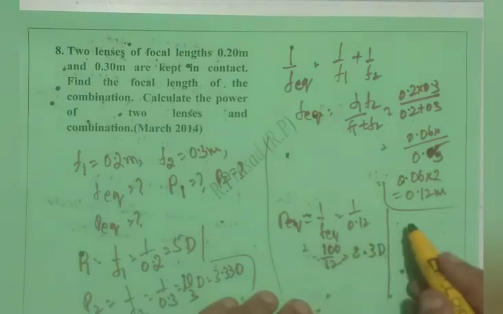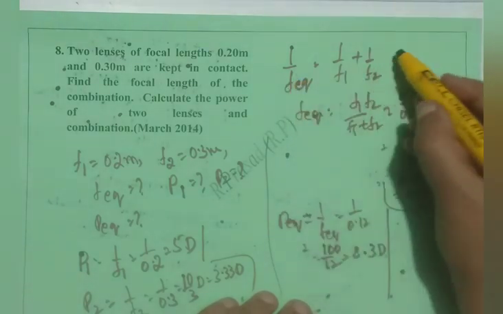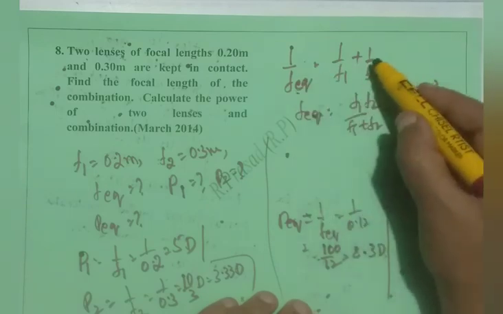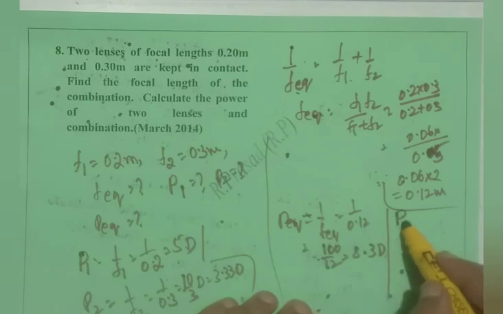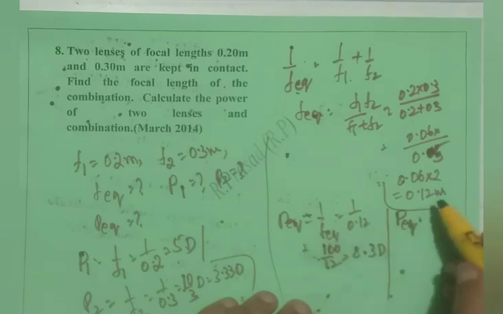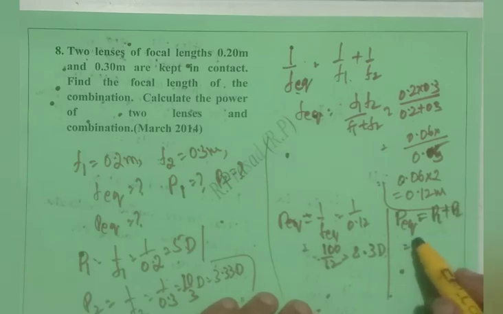This can be easily obtained from the other method also. What is that? From this equation, 1 by F equivalent equals 1 by F1 plus 1 by F2, we can write P equivalent, because 1 by F equivalent is P equivalent, equals P1 plus P2. From that method also it is true.